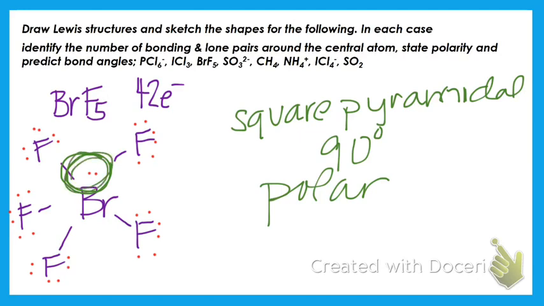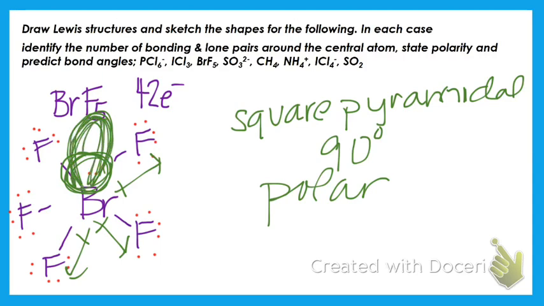Even though I could draw these like this, I've got this lone pair taking up space that's negative. So you have to think of this as taking up space around it. These are shoved down, and so my dipoles would not cancel out, because I've got this blank space from the lone pairs.